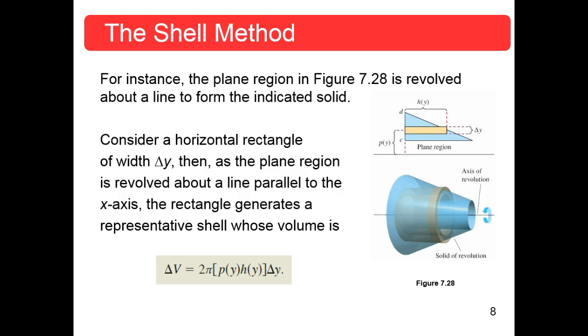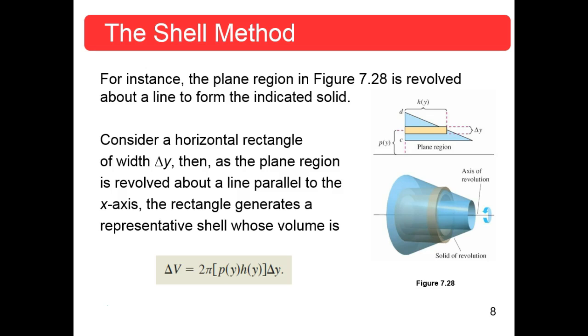I thought they were going to give you some values in here. They don't. So this is what you got. 2 pi times the radius, which is in this case going to just be y, times your h of y, that's your length, times your dy, that's your width. There is the thing. That's your delta v. Okay? So it's pretty straightforward and pretty simple, not too bad.